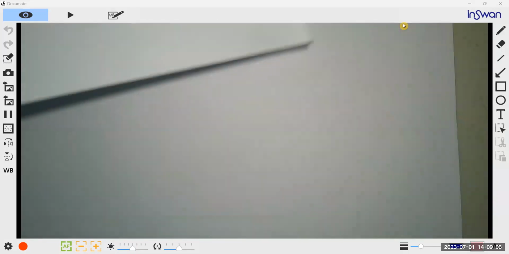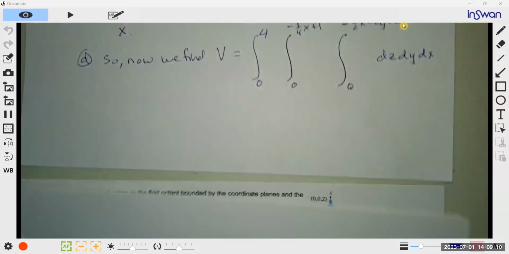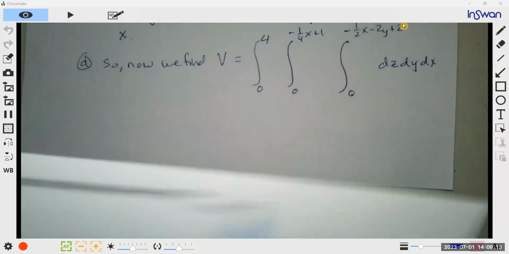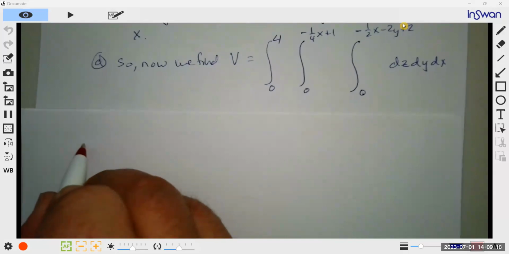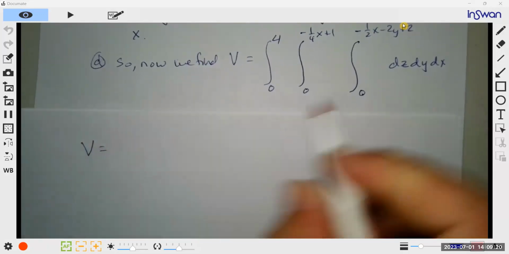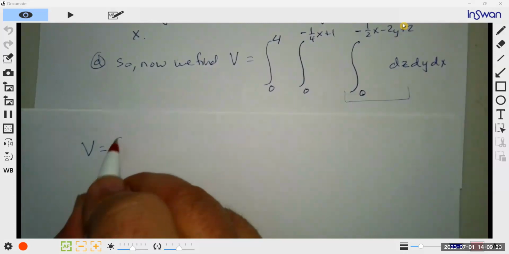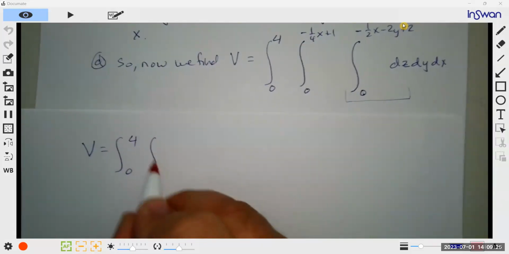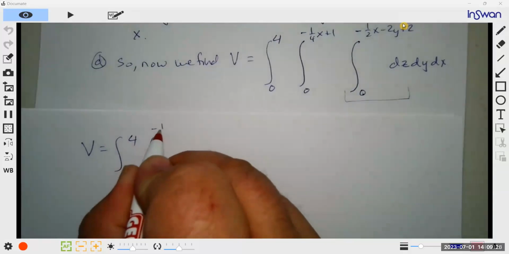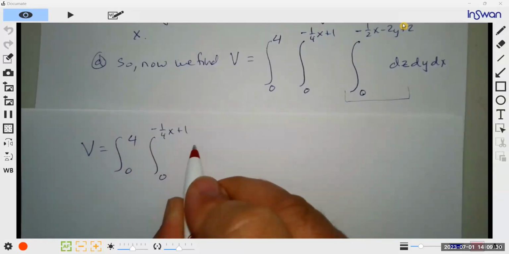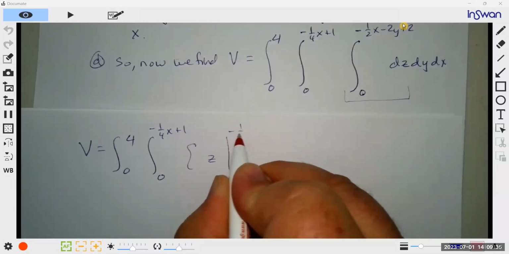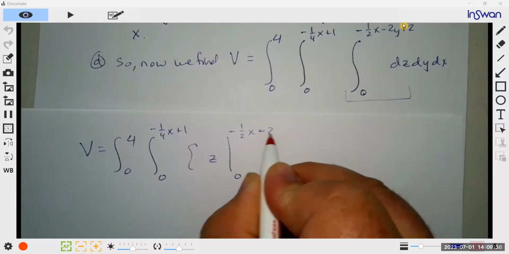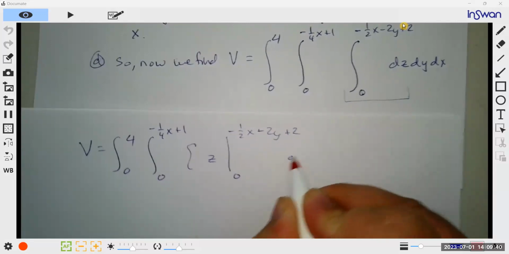All right, so let's go ahead and solve this one. That's our initial question. First thing I'm going to do is find the integral for z, which is just z, from 0 to -1/2 x minus 2y plus 2.